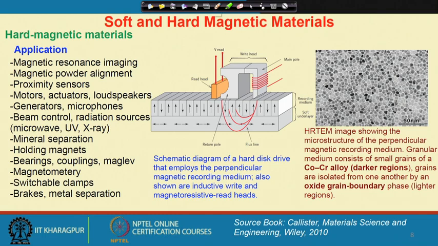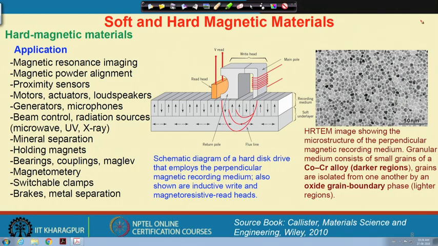And here I show you another example of such a hard magnetic microstructure with a 50 nanometer size or less than that, you have some grain size. So, this is a typical cobalt chromium alloy with a two phase microstructure.